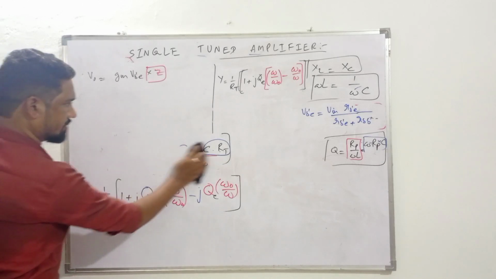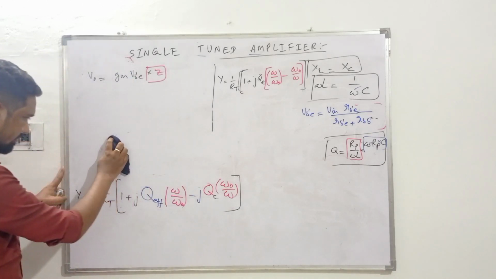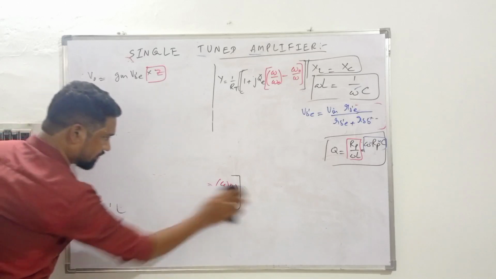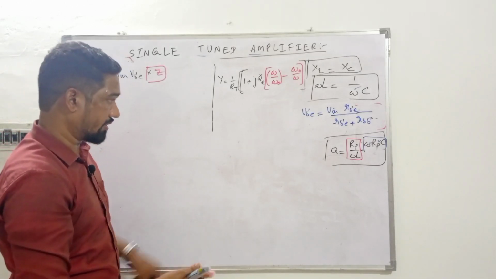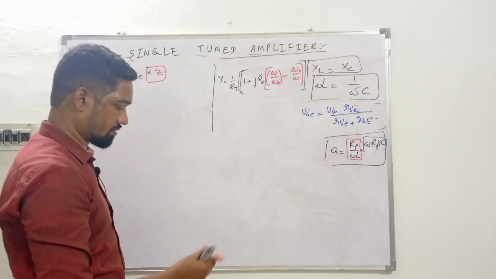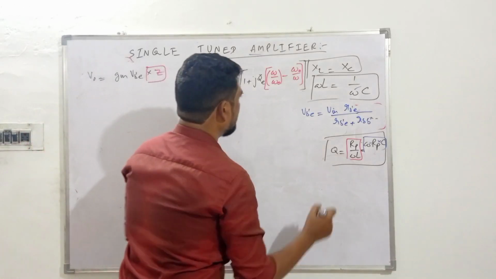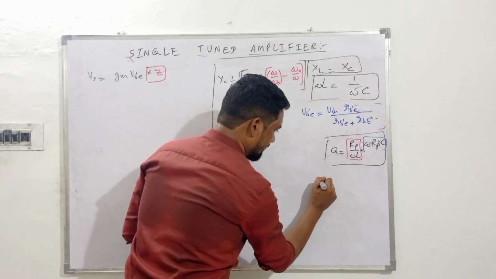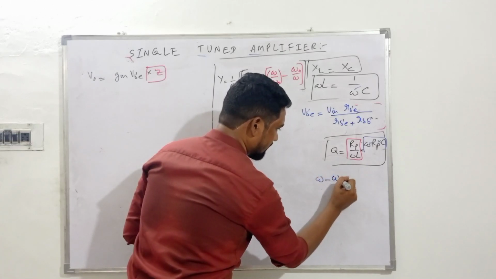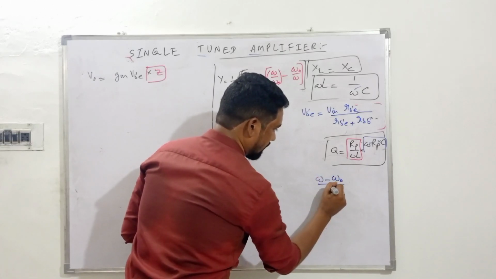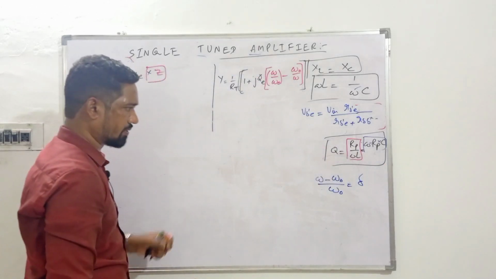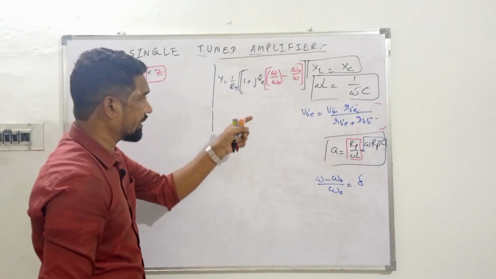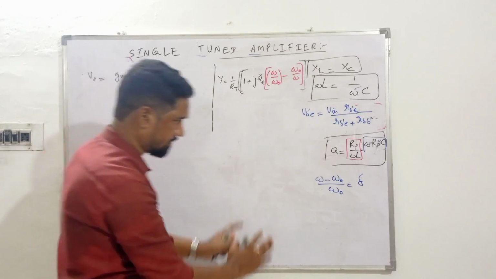Now a small assumption over here will reduce the equation to a great extent. What is that small assumption? Let us say omega minus omega naught by omega naught is some del, for some simplification.